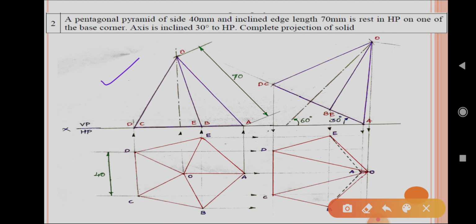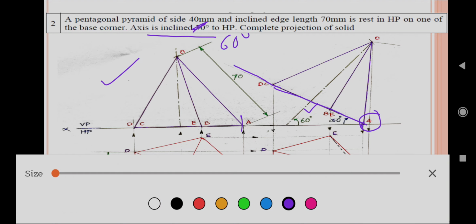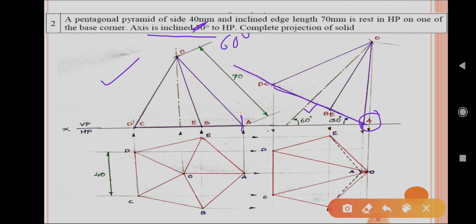Then for the axis inclination, instead of 30 we take 60 degrees, so 90 minus 60, the base inclination is 30 degrees. You incline the base at the resting point, corner point A. Draw the 30 degree line extended, then take the distance from point A to DC in the compass, place the compass on point A and mark DC.